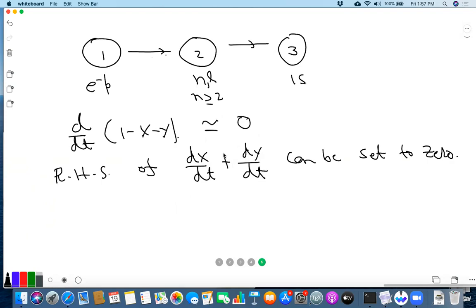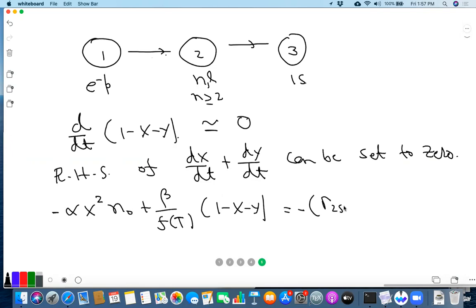But if we do assume this, then we get a further equation: minus alpha x square n naught plus beta over f of t times 1 minus x minus y is minus gamma 2s.